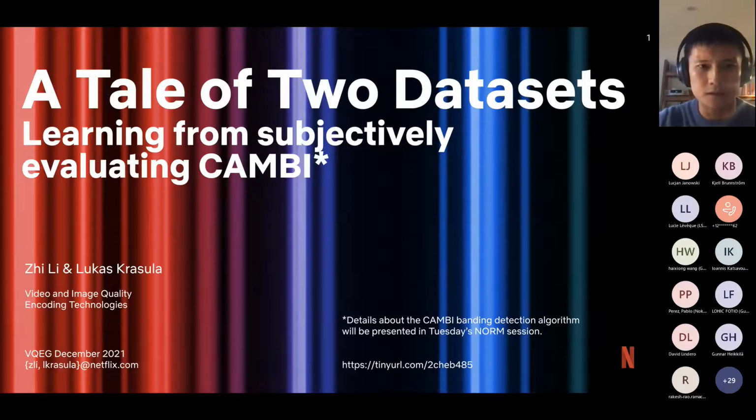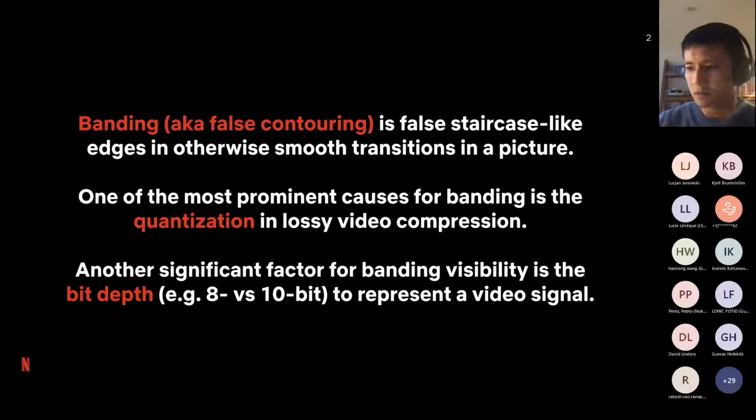Let me get started. Just to give you a very brief introduction, banding is also known as false contouring. Basically, it's false staircase-like edges in otherwise smooth transitions in a picture. One of the most prominent causes of banding is quantization when we apply lossy video compression.